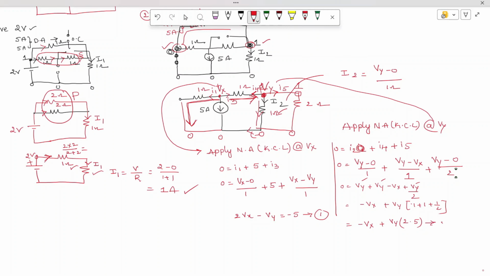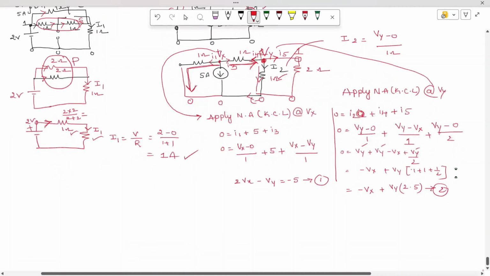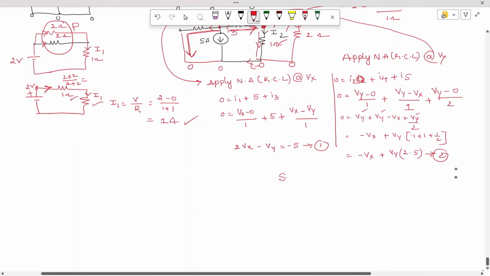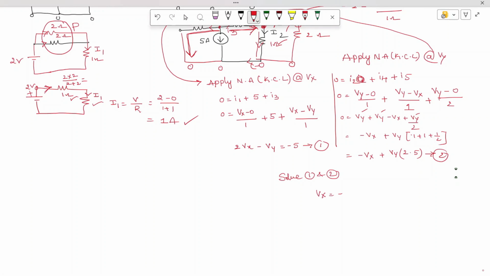So this is equation 2. So solve with your calculator the first equation and the second equation, then we are going to get the values of Vx equal to minus 3.125 volts, Vy equal to minus 1.25 volts.